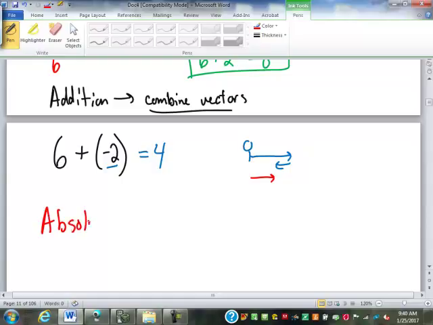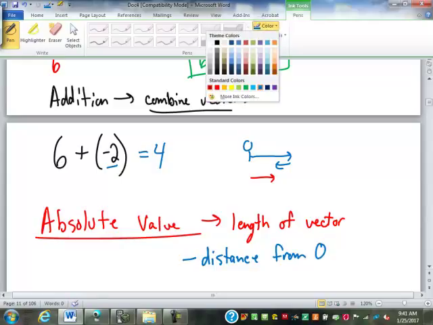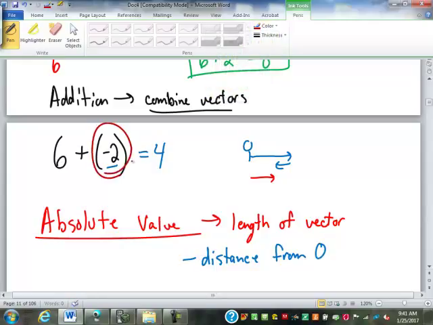There's a concept called absolute value. When I talk about the length of the vectors, that's all absolute value is, the length of the vector. Another definition of absolute value is distance from 0. So I have the negative 2 up here that I was working with.